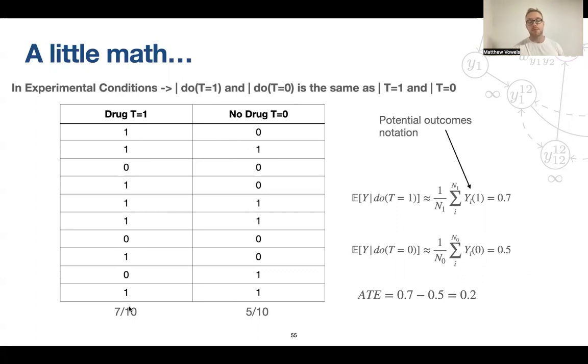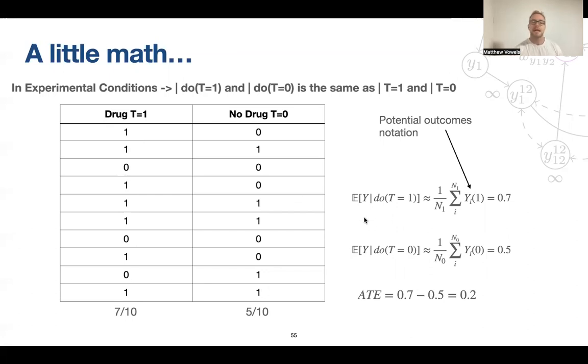These are the outcome results for the group of people in the treatment group and the group of people in the control group. And when we look at the expectations, and in a binary case that's the same as the probability of recovery, we can just count the numbers up. Under this group here, we count up how many people recovered out of how many people in that group: 7 out of 10. With no drug, we find that only 5 out of 10 recover.